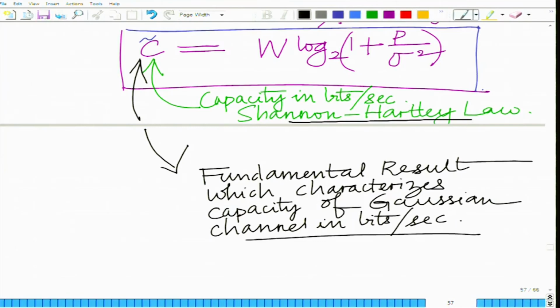We already said this is the Shannon-Hartley law. In this module we have completed the derivation of one of the fundamental results, the capacity of the Gaussian channel, which in terms of bits per channel use is half log of 1 plus SNR, and in terms of bits per second over a channel of bandwidth W is W times log to the base 2 of 1 plus SNR.